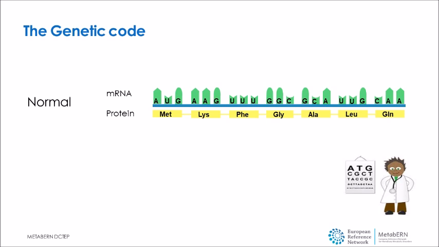A codon specifies a particular amino acid in a protein or starts or stops protein synthesis. In our example, the codon AAG is responsible for the synthesis of one essential amino acid, lysine.